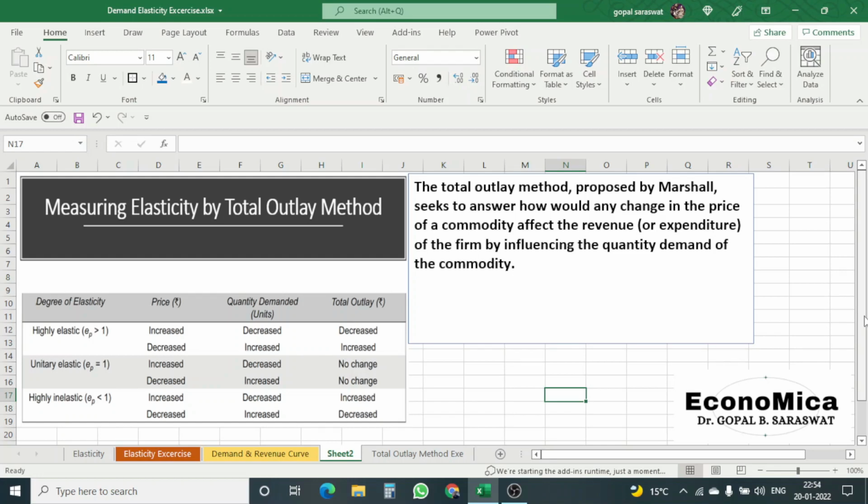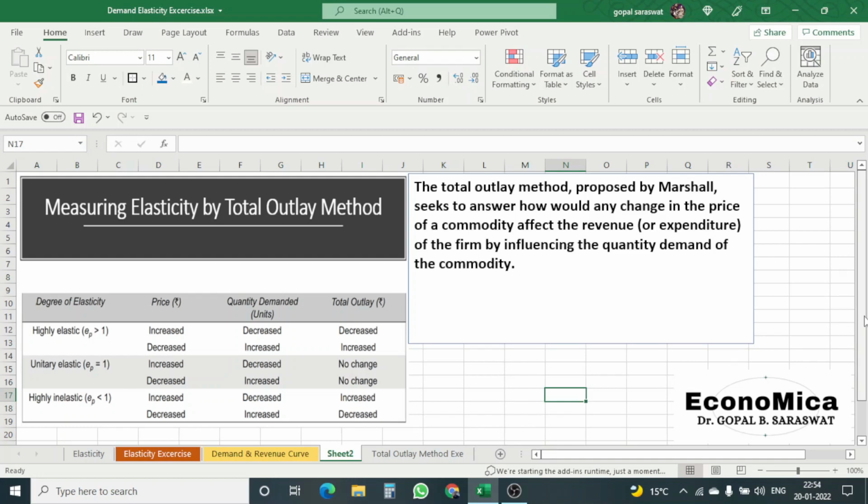But Marshall says that for a highly elastic product, when you increase price, quantity demand decreases and at the same time the total outlay decreases. Furthermore, if you decrease price for a highly elastic product, the quantity demand increases and the total outlay also increases.